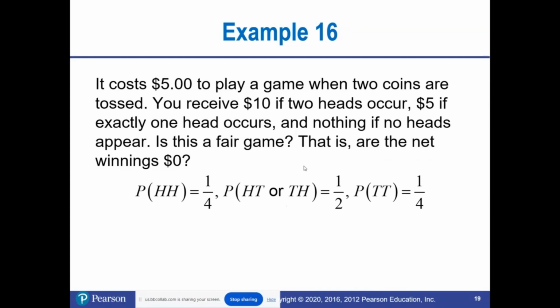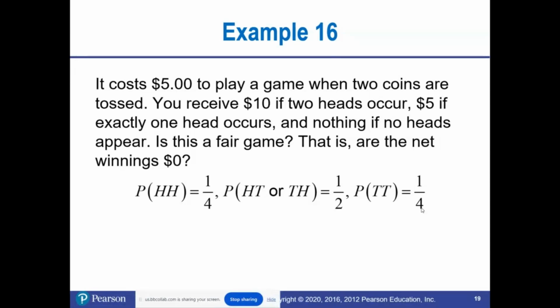So when you toss 2 coins, you can have a heads and a heads. That probability would be 1/4. Okay. You can get a heads and a tails or a tails and a heads. That would be a half, and the probability of 2 tails would be 1/4. So that's from what we learned last week.